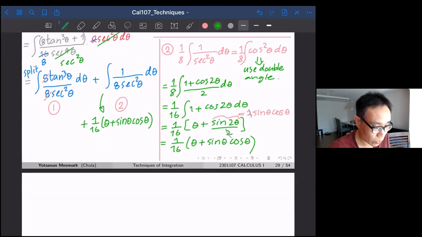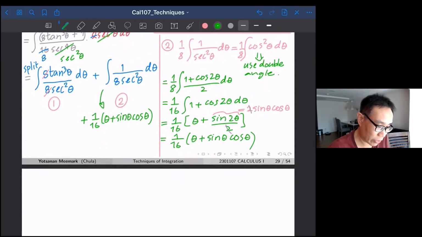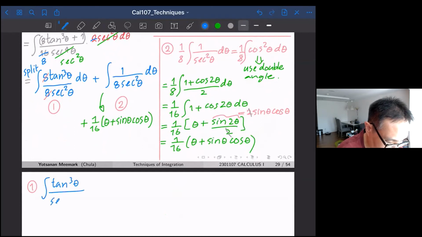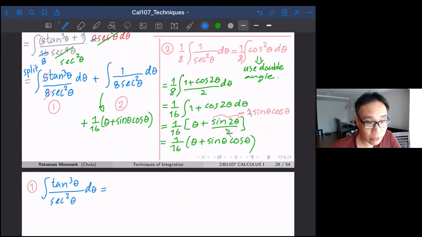So for number 1, I have another page here, so you may use another page. For number 1, we must integrate tan cubed theta over sec square d theta.